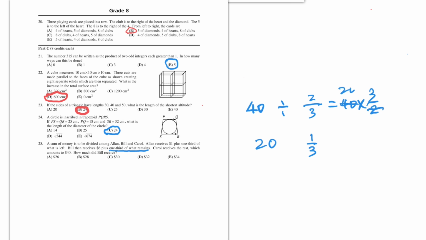Cancel the 2. That's the 60. So the remainder is the 60, and the Bill got 6 plus 1/3 of the remainder. So cancel 3, gives us 20 plus 6. That's the 26. So the answer is A.